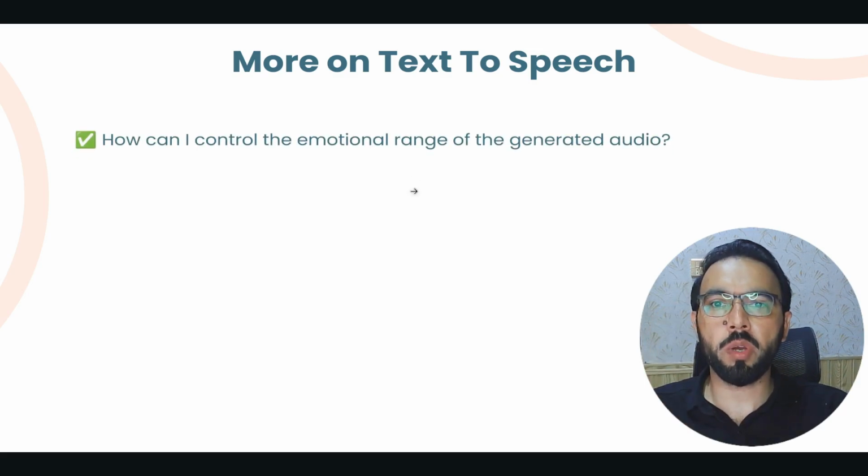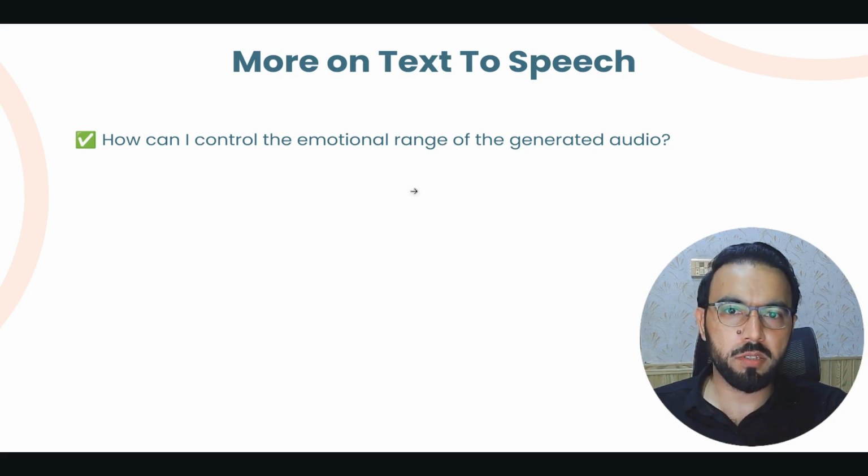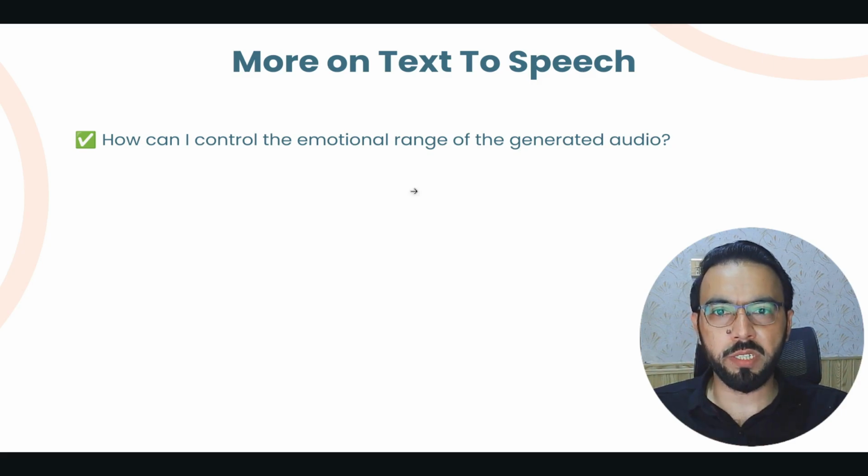The first thing is, how can I control the emotional range of the generated audio? If you have noticed, I have given a text and there were no emotions behind that voice. I can have one text, and when it's converted to audio, that audio could be spoken in different emotions, whether it's crying or laughing, or whether the tone is down or up.